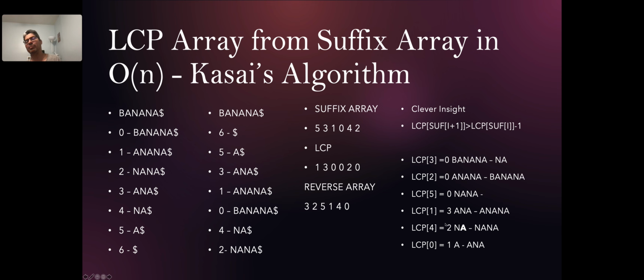And here the next step that we can see that it saves comparisons, because when I go into the next one, we compare LCP of 4. For comparing LCP of 4, I have to compare 4 and 2. 4 is Na, and 2 is Na. But I have already compared Na, Na, Na.